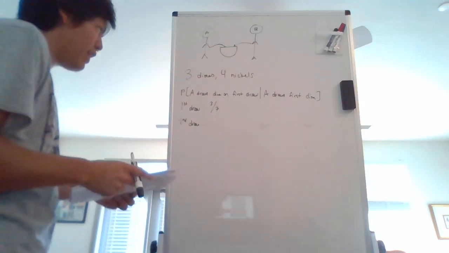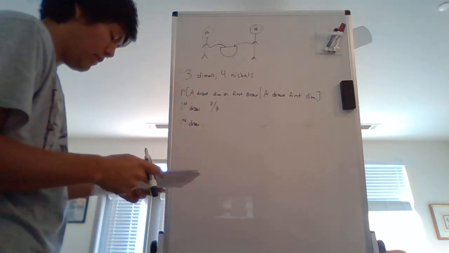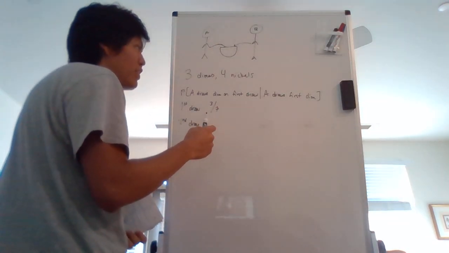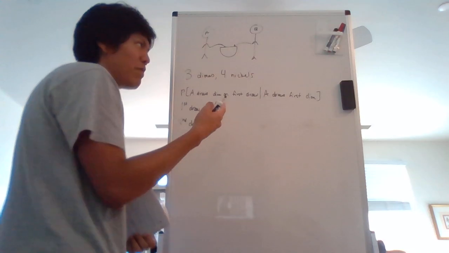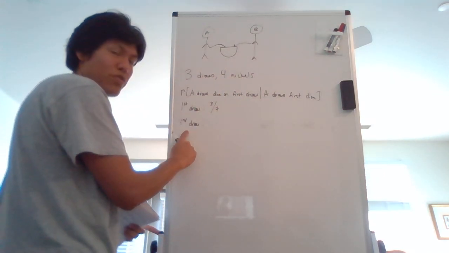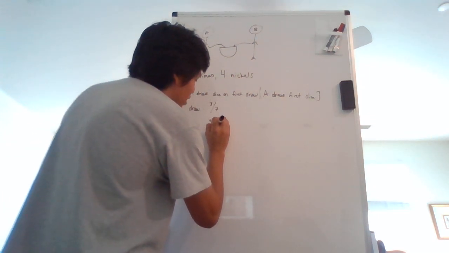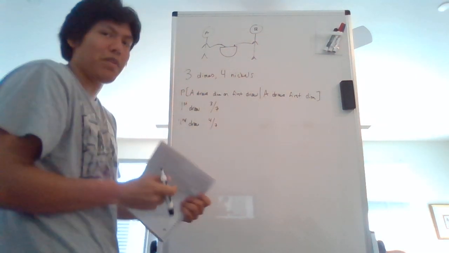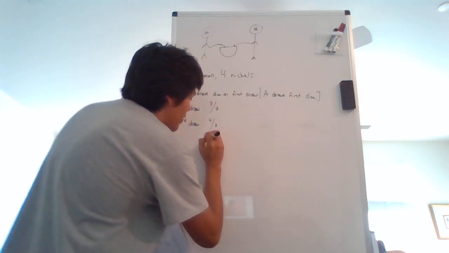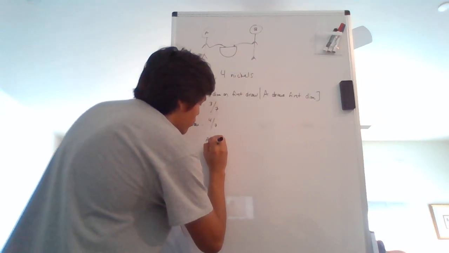That means they must have drawn a nickel first for it to happen on the second draw. So first they grabbed a nickel, okay? That is a 4/7 probability of them grabbing a nickel on the first draw. And I'll label this A's first draw.